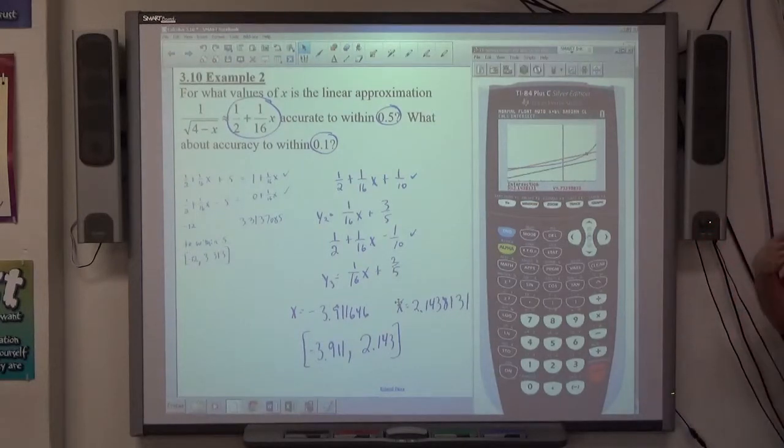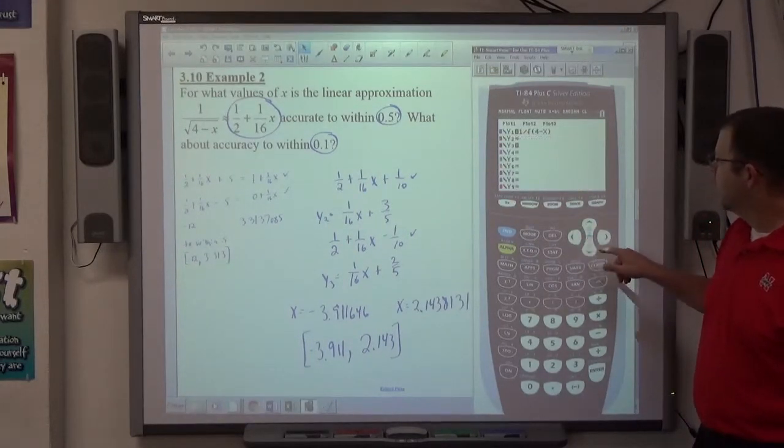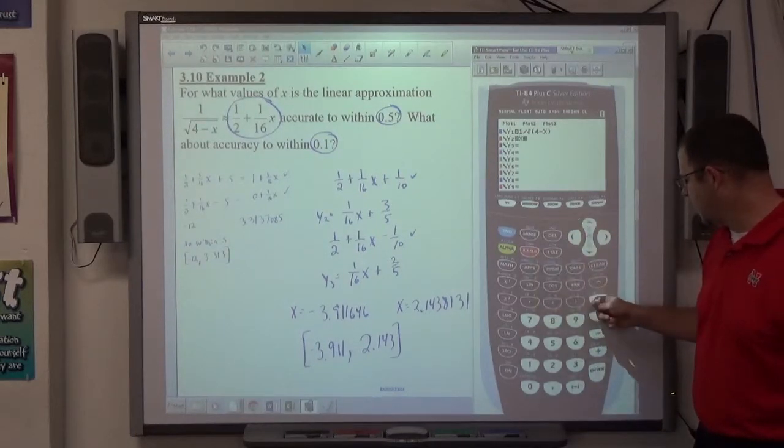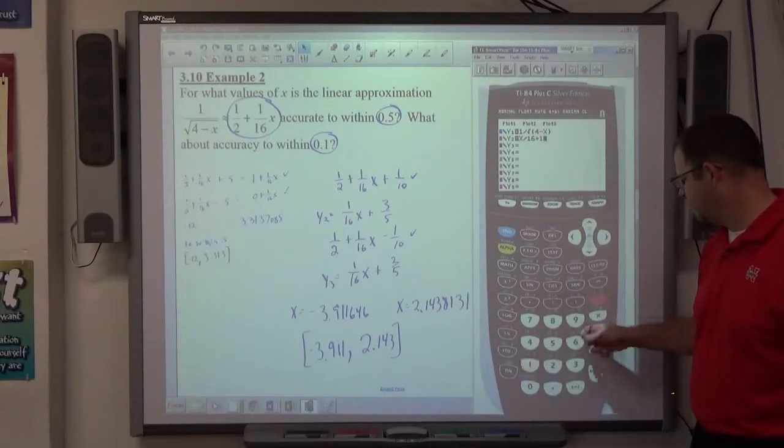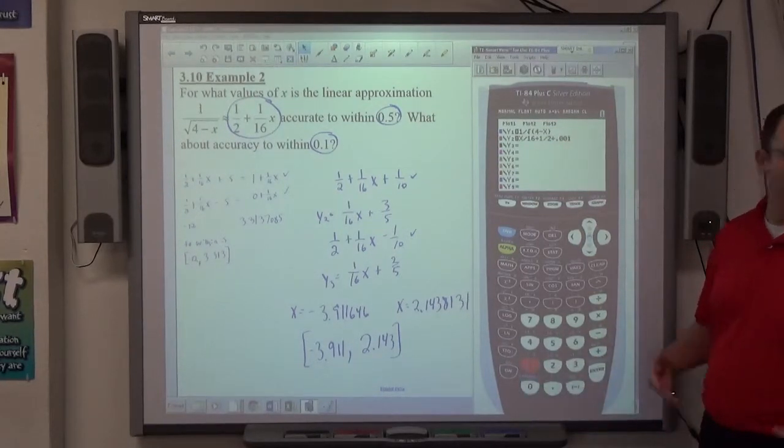So a lot of times the error tolerance is 0.01, 0.001, like that. If they get to be that type of thing, here's what I do. So our original function was x/16 plus a half, right? All right, plus 0.001. Okay? That works.